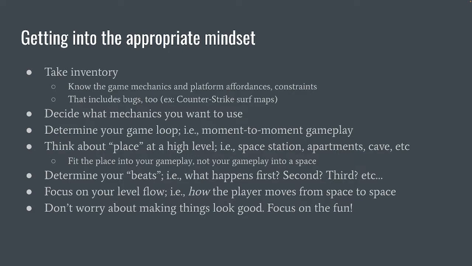But also with taking inventory, it's really important to understand bugs as well. I'm assuming most everyone is familiar with Counter-Strike, but you're probably less familiar with the concept of surf maps. Surf maps were basically these weird pieces of geometry, massive floating slides over a void.